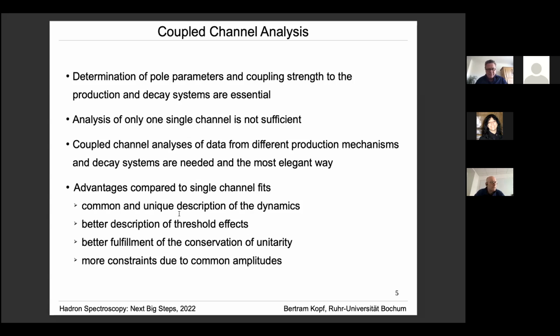Namely, one can use a common and unique description for the dynamics, which is often not possible by only using a single channel fit. One can also describe threshold effects in a much better way. In addition, one can fulfill the conservation of unitarity in a better way. We have also heard a lot of things related to this during this workshop. And one also has more constraints due to common amplitudes, if they are there.